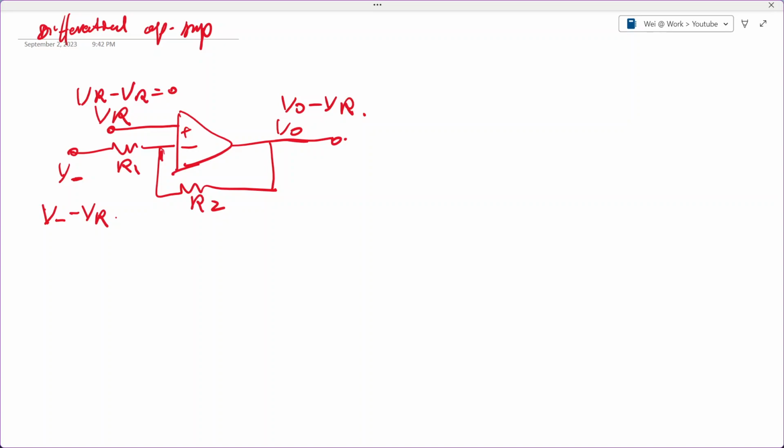Because now you have 0 volts here, which is a typical inverting configuration. So V out minus VR equals minus R2 over R1, the ratio between these two resistors, times the input voltage V minus minus VR. So this is very easy to write.